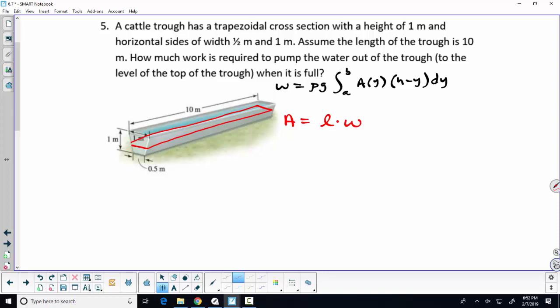Which one varies, which one doesn't? Yeah, so we have one dimension that doesn't vary, length or width, however you want to label it, because we know the trough is 10 meters long.